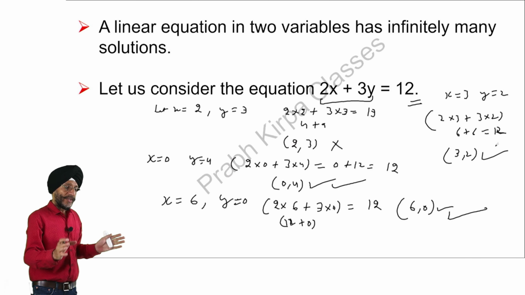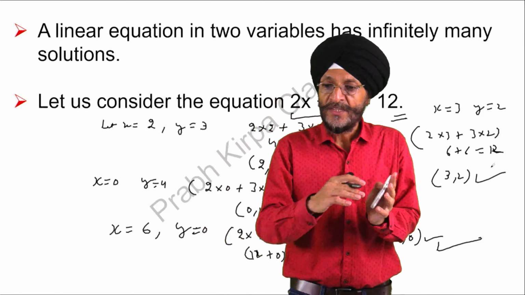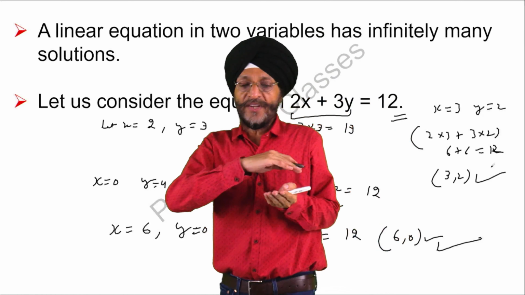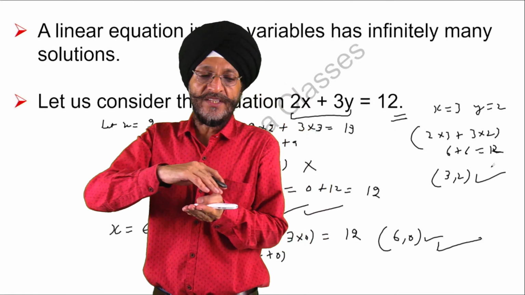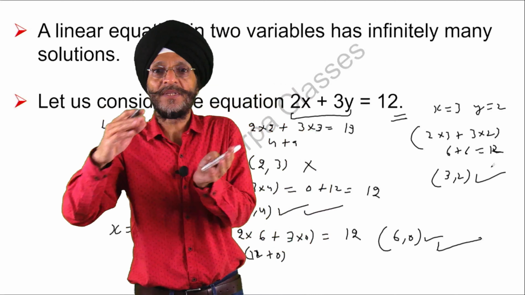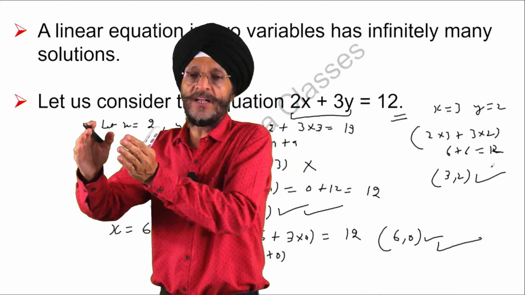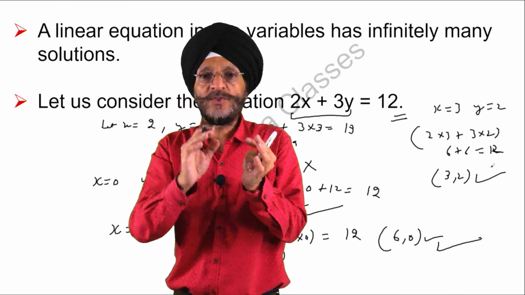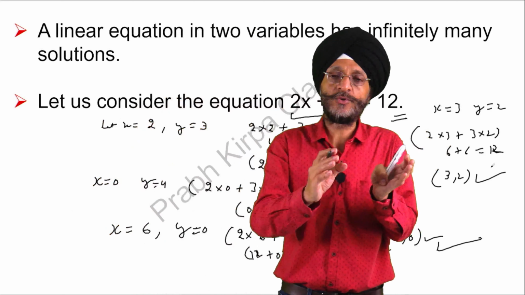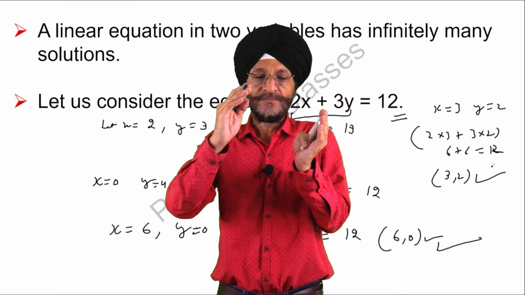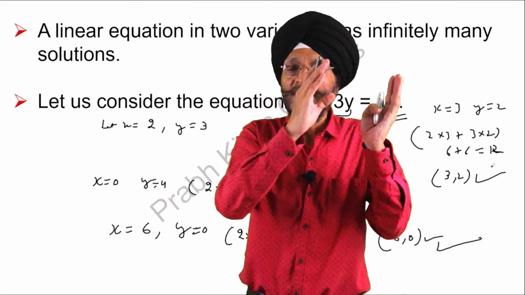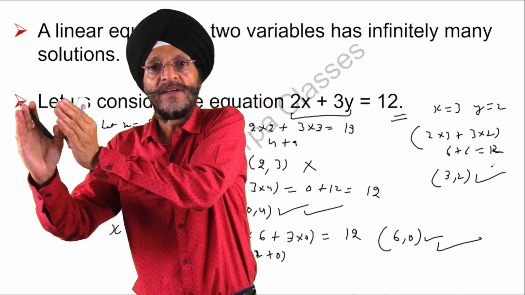So you can observe from here that there are infinite solutions in the case of linear equations in two variables, because as we change the value of x, the value of y also changes. But it has to be ensured that while finding the solution, the left hand side comes equal to the right hand side.